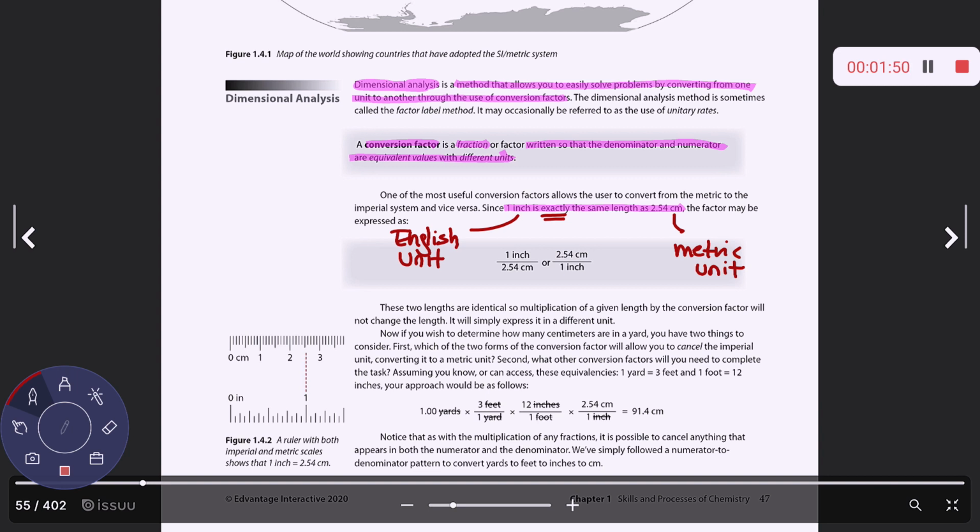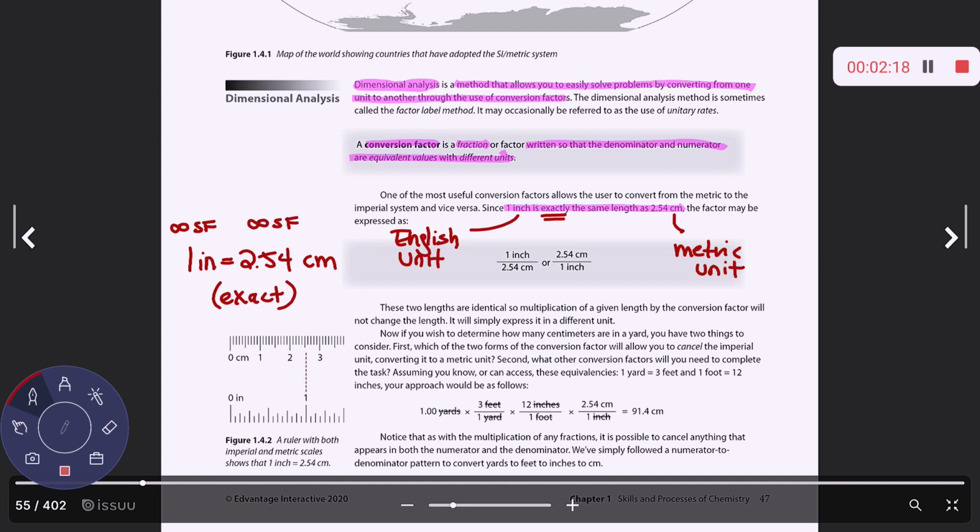However, this one is. So I need you to realize that anytime you're using 2.54 centimeters equals an inch, this is an exact conversion. And when it's an exact conversion, that means the numbers in it have infinite sig figs, and so we can't use those to determine the sig figs in our answer. So the number 1 is infinite sig figs, and the 2.54 is also infinite sig figs.